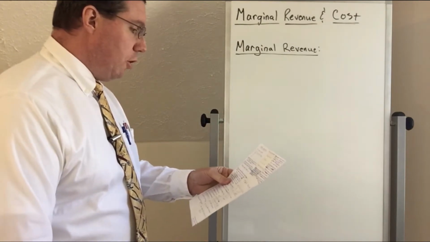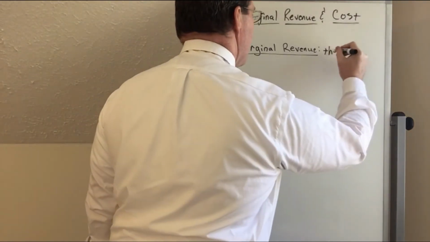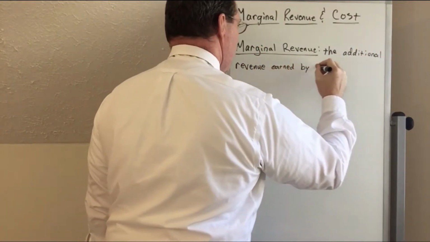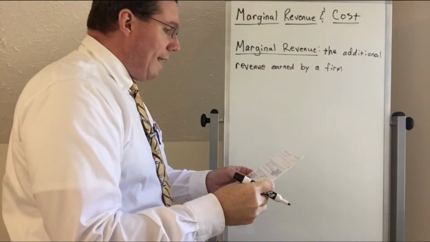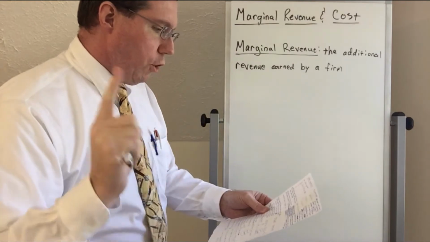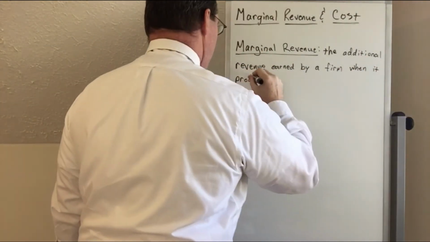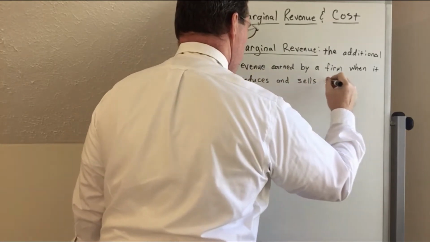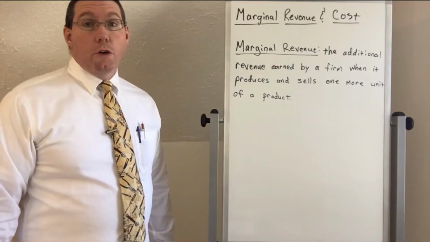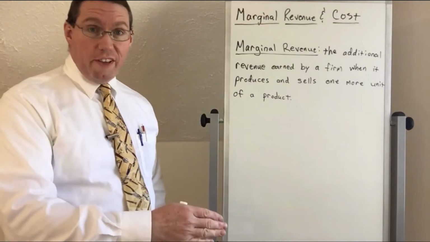The additional revenue earned by a firm when it produces and sells one more unit of a product. So you remember talking about what marginal means when we did marginal utility, right?